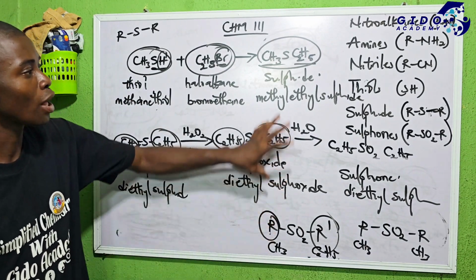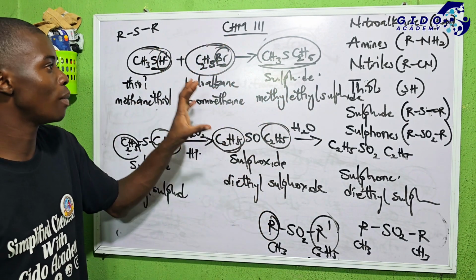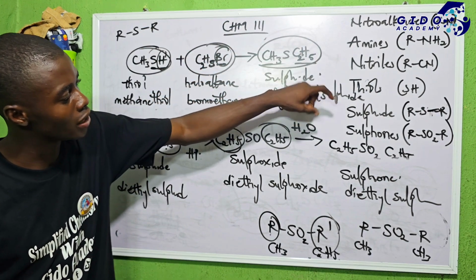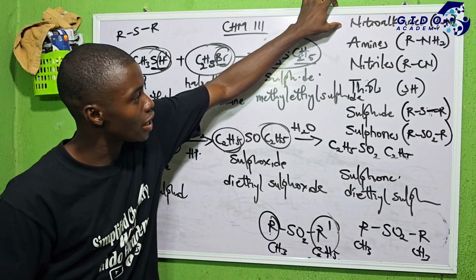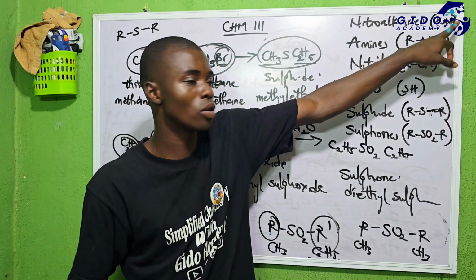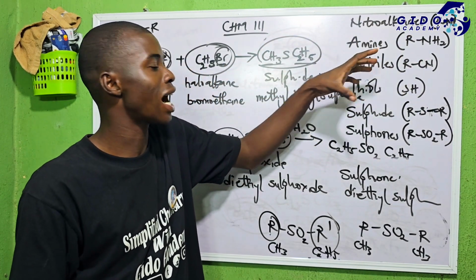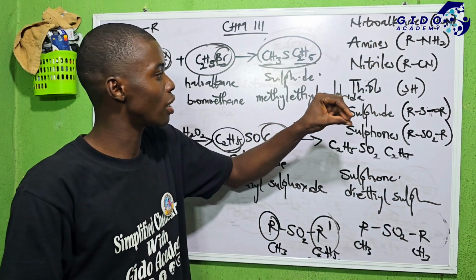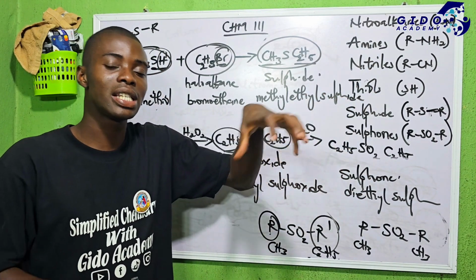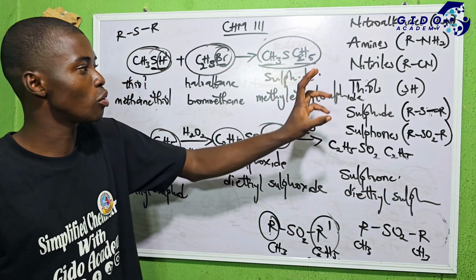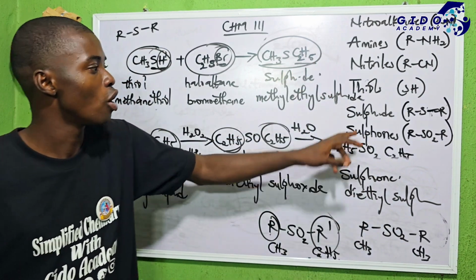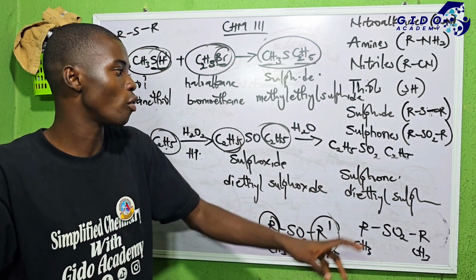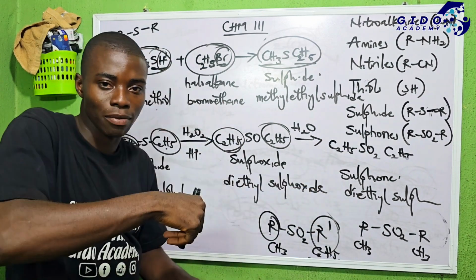So this is something you are expected to know generally about nitroalkane, amines, nitrile, thiols, sulfide, and sulfone. Nitroalkane is R bonded to NO2. Amines are the alkanamines. For the nitrile, I said they belong to the cyano functional group, which is carbon triple bonded to N. Thiols are alcohols where oxygen is removed and replaced by sulfur. Sulfides are ethers.